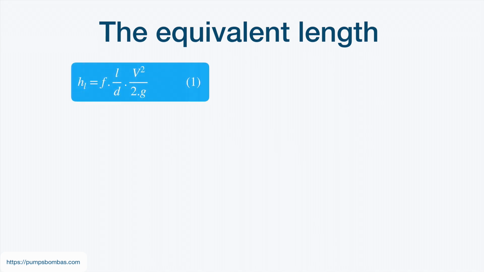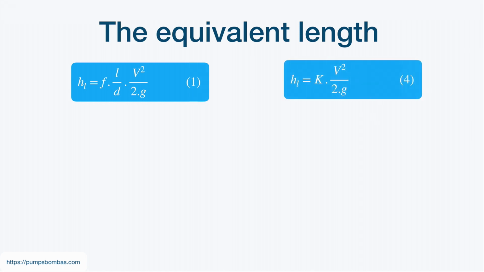Here we have the equation we mentioned before to calculate the pressure or the head losses for a straight pipe and the head losses for a fitting or a valve.